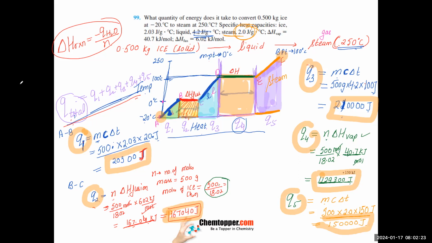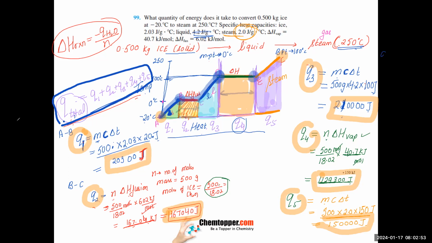But they can ask you to stop here, then you have to calculate only this much. They may ask you to stop here, here, like this. So you have to be very careful. If I have to stop here, what all do I have to include? So what is Q total? Sum of all these. Now I'm using this equation, Q total.